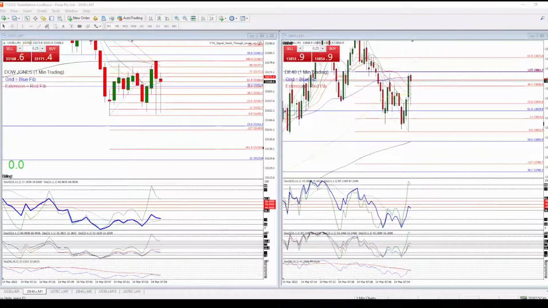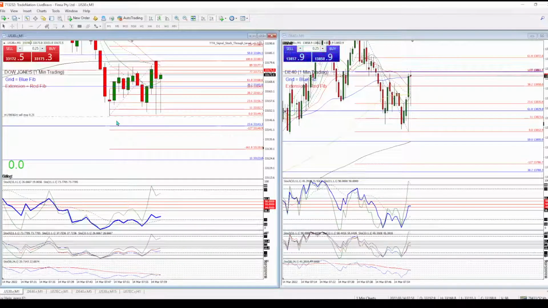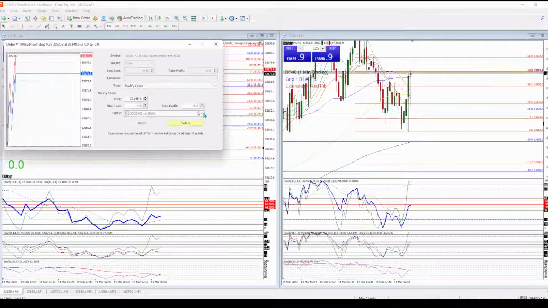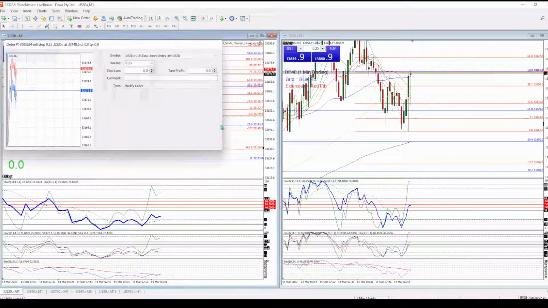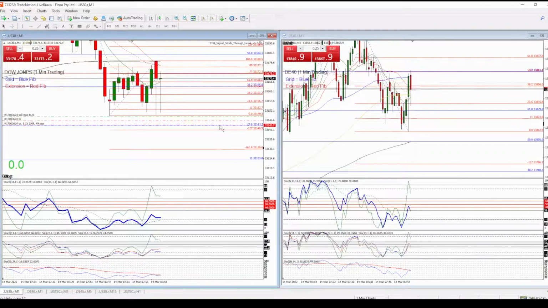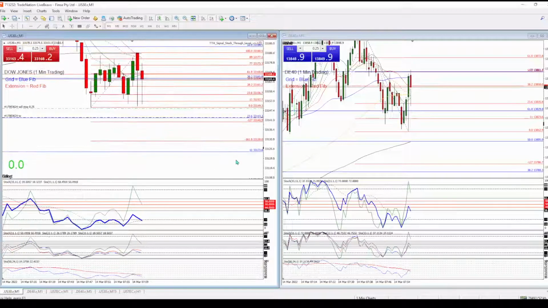On the Dow, 5-minute trend is down, so we can't put a trend chaser below this low. Going back to this 23.6, it's about 5 points.